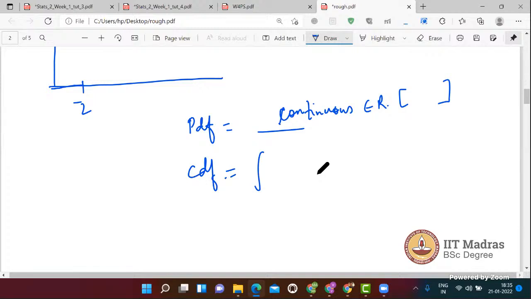And CDF is an increasing function. If CDF is an increasing function, then only the derivative of CDF, that is f(x), the PDF, is greater than or equal to 0. So if it is an increasing function, this property of CDF is covered in property number 1 of PDF.